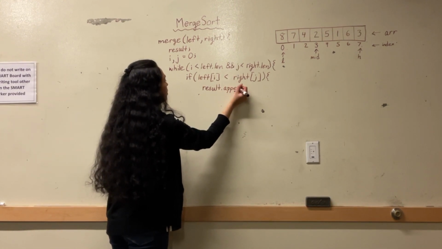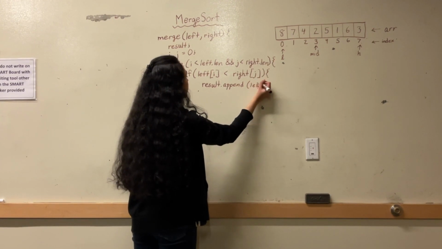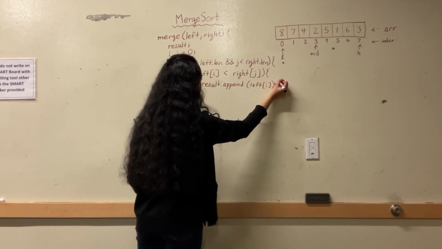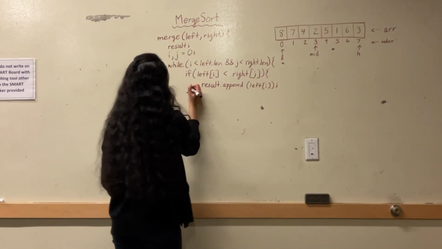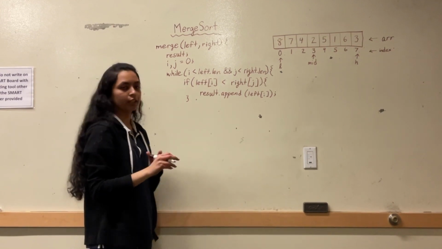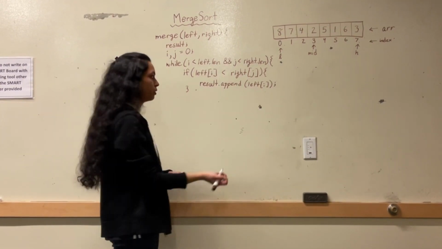Result.append, and then left at i. Otherwise, the element right at j would be the smaller one, or they would be equal, in which case it doesn't matter which one you put first.